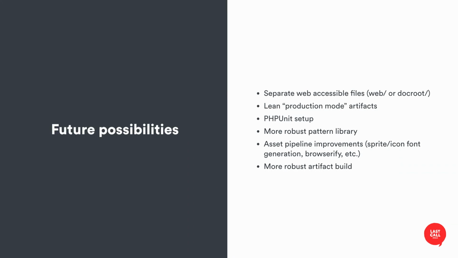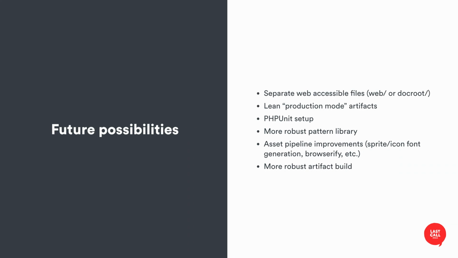Keep going with the pattern library. I think that's a valid idea. Sort of this hybrid of a Pattern Lab approach mixed with the Drupal theme system. And then asset pipeline. So the tools just keep developing for this. There's stuff like Browserify now where you can include different stuff from SCSS and JavaScript and have that get pulled in automatically.